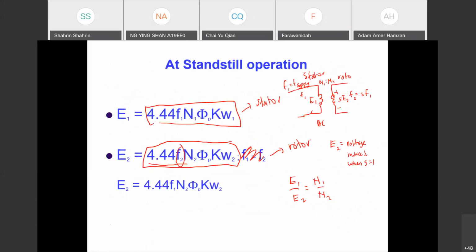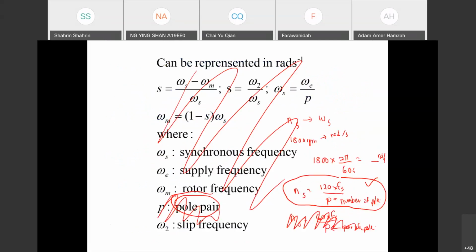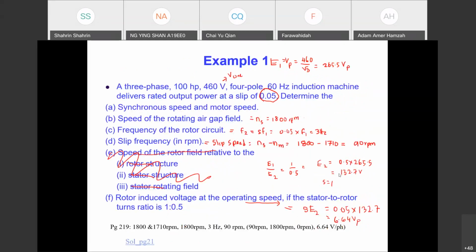Okay, so for example, I have used this one, and we assume that E1 is actually equal to the supply voltage per phase. So you need to convert into phase and then use this equation. Then I will obtain my E2 during standstill, 132.7, and then referring to the speed, you need to multiply with 0.05. So this is the voltage induced. Okay.